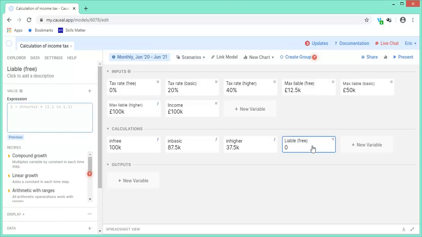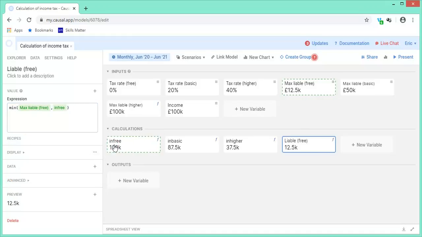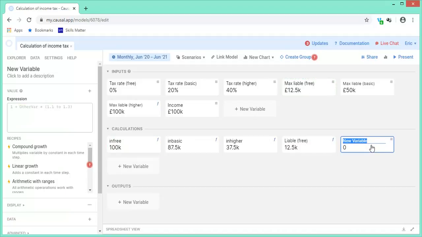So that's going to be the minimum of the maximum you have for free and in free. So in this case, as we would expect, because they're making 100 grand, they get the full personal allowance. It will be 12,500.